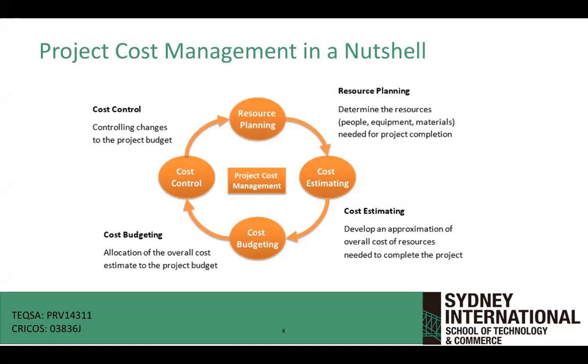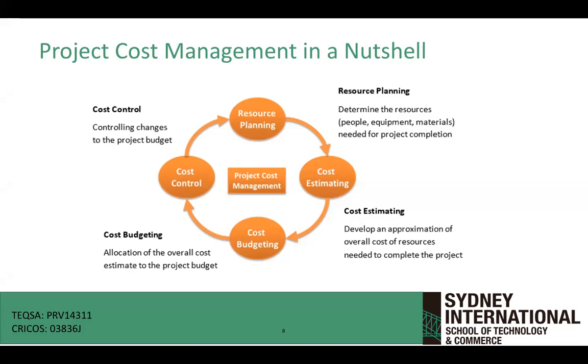So cost control is about controlling the changes to the project budget. We will be trying to deliver the project on time. We will be trying to deliver things within budget. Things might not work according to plan or the budget. So we're going to have to create the way we control that costing at any particular point of time, to reduce any sort of cost overruns.